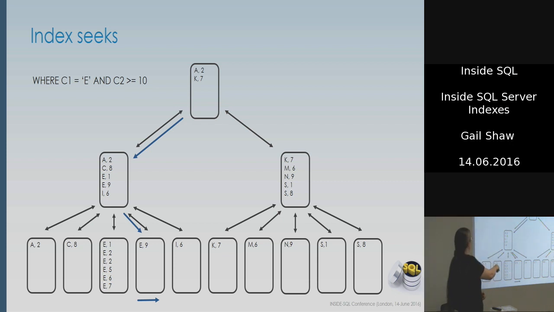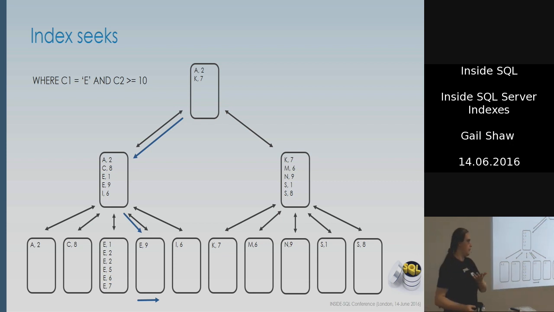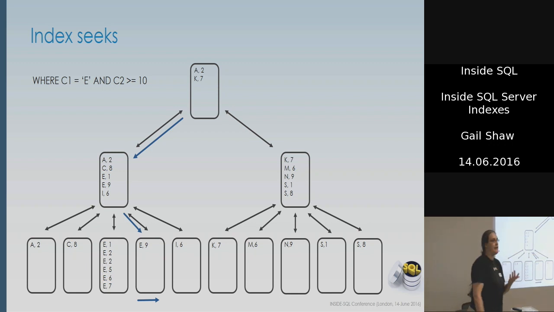Down here, find that one, 5, and we're done because we can only have one of them. This index, since it's not unique, what SQL will have to do is find the first row that's 5 and read until it runs out of 5s. In this case, there's only one of them, but it still does have to check to see that the next row isn't also 5. So these show up as range scans.